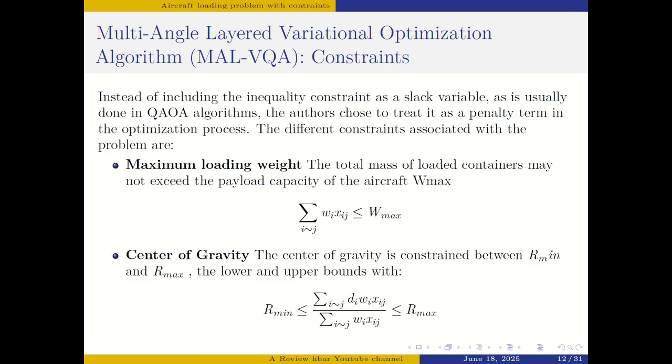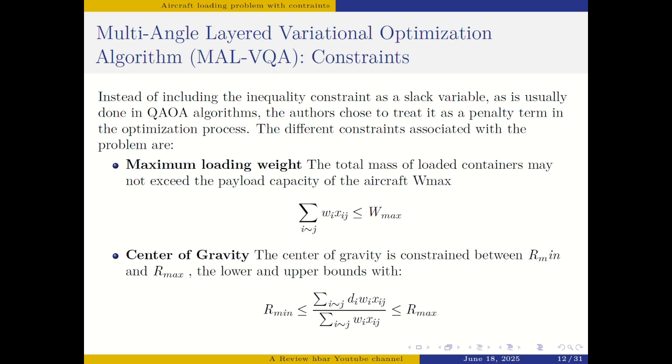Let's talk about the constraints. In this paper, the author proposed to treat the constraints like penalties, instead of including them in the Hamiltonian via slack variables as is often done in QAOA. In this way, we avoid needing too many qubits, as slack variables often require a lot of qubits.